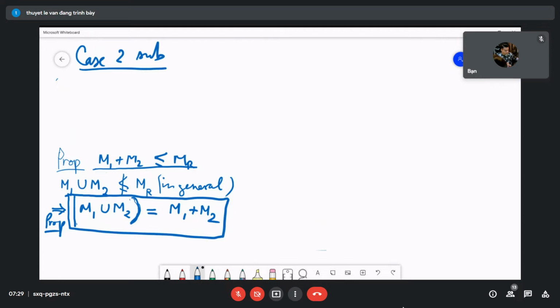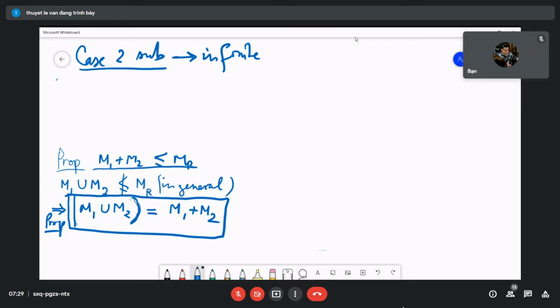Here you have the definition for two to n. Okay, now I extend to the infinite case, an infinite number of submodules.